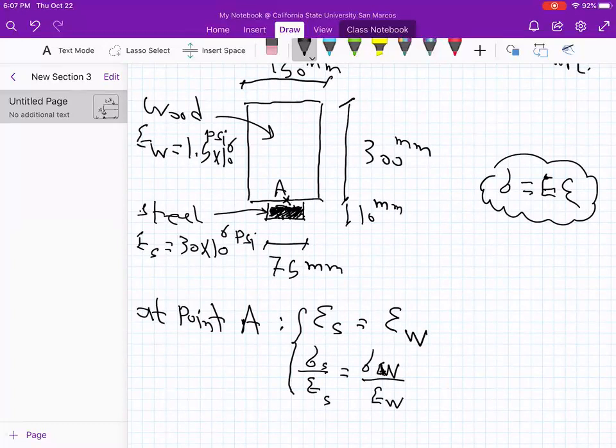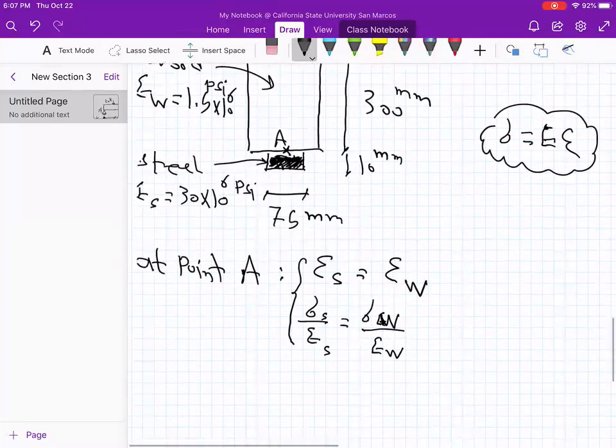If we remove this steel and put in the equivalent wood, the force on it must be the same, because of equilibrium.